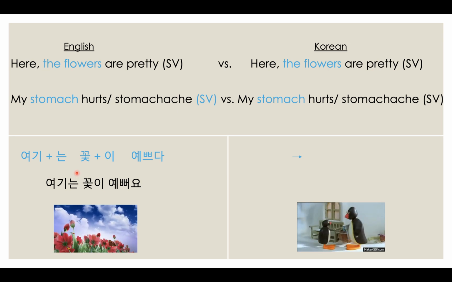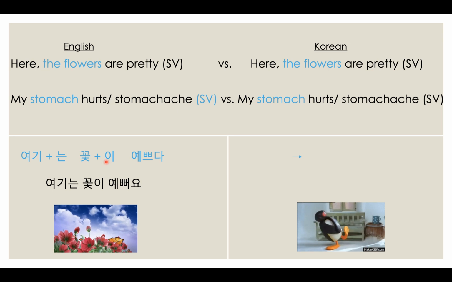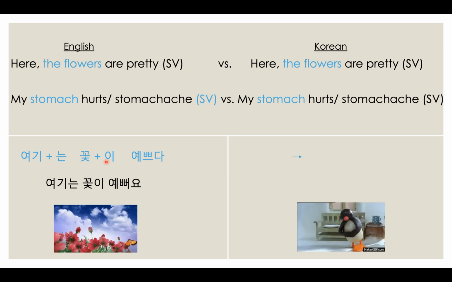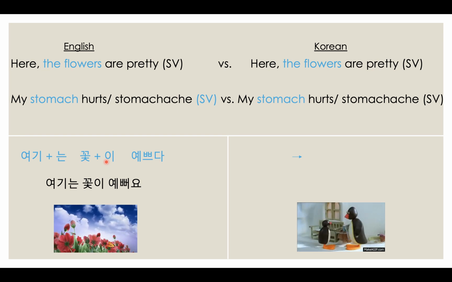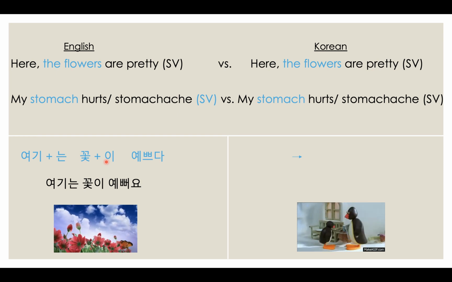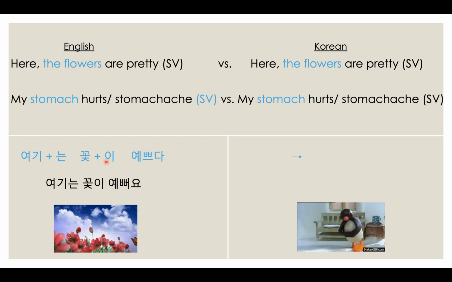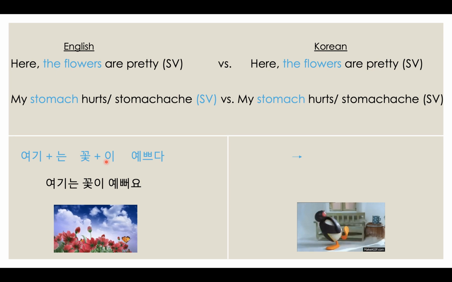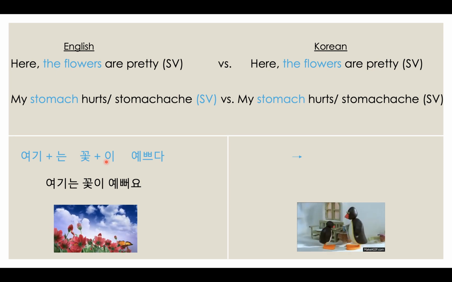Now you wouldn't have 여기가, because that would be insinuating that here in general is beautiful, which it may be, but in this sentence in particular, you're trying to articulate that the flowers here are pretty. So the topic is here. 여기는, as for here. 꽃이, the flowers, are pretty.